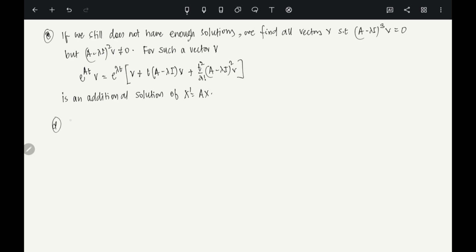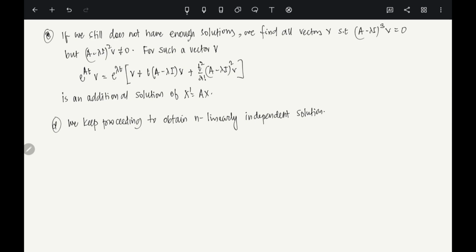So we keep proceeding to obtain n linearly independent solutions. Now you may ask what is the guarantee that this procedure will work, and that it is going to give us linearly independent solutions. Why should it be?